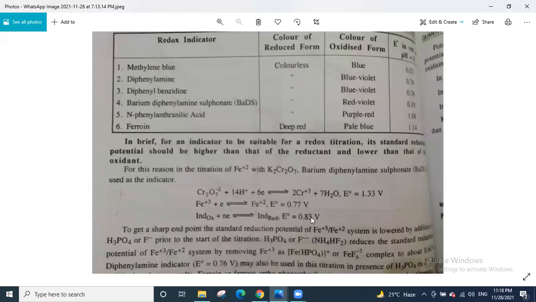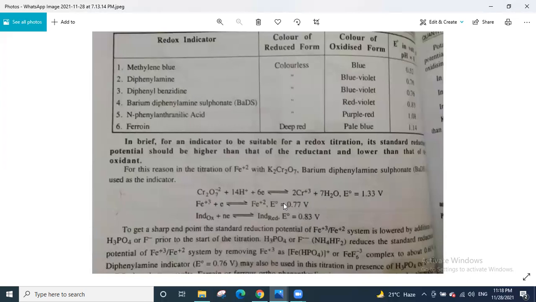Redox potential is very important here, because a species with lower reduction potential can easily be oxidized.